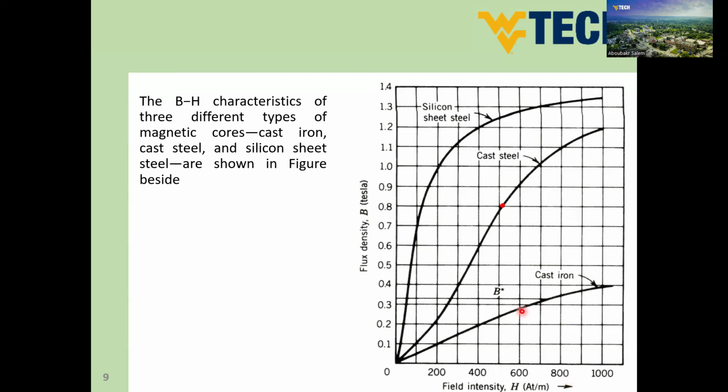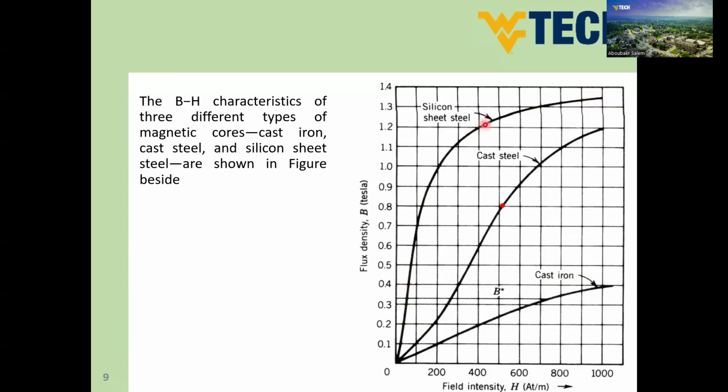This curve is different according to the magnetic material, because magnetic materials have different permeabilities, and the relation between B and H is mu. So B equals mu times H. In this part, mu is linear, a constant value. But in the knee part, it's not constant anymore and it will change or become saturated. This is the shape of the BH curve of a certain material.